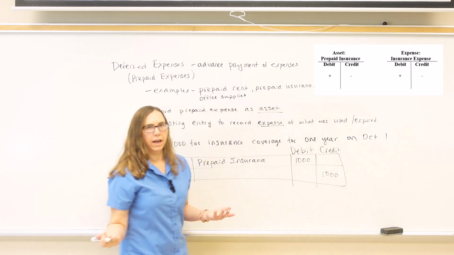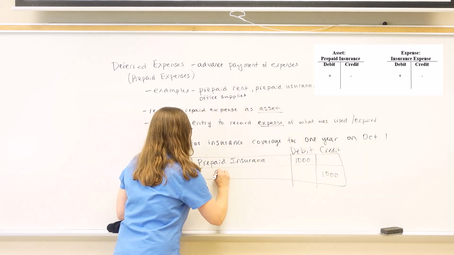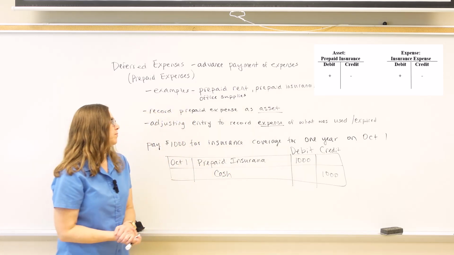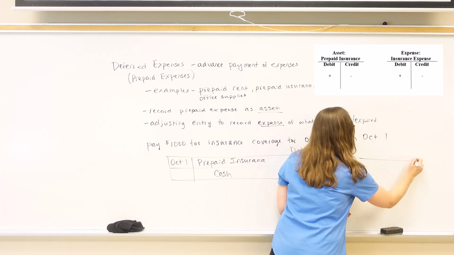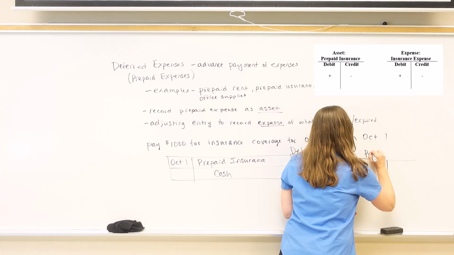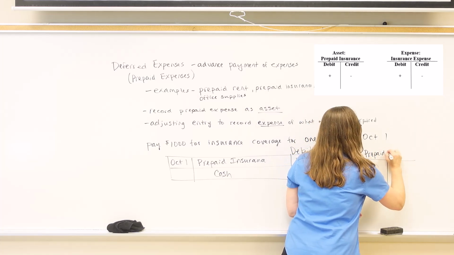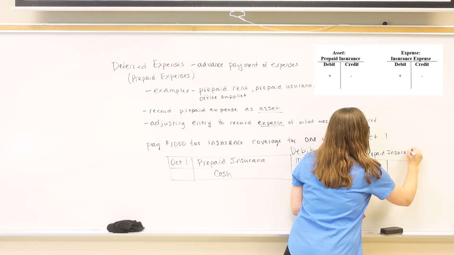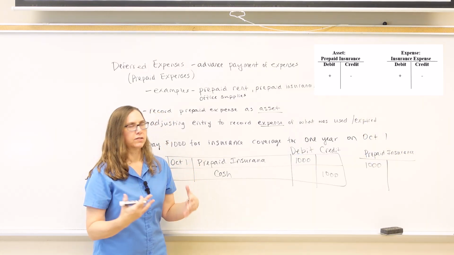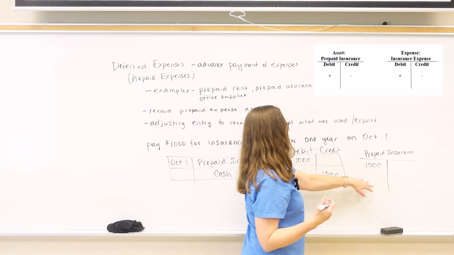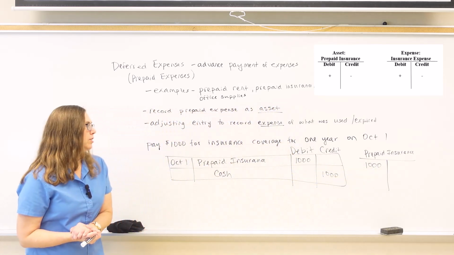And then they would credit cash for the cash that was paid out. So prepaid insurance is an asset account. I'm going to make a T account over here. I'm not going to make a T account for cash since that's not the focus of this. I just made a T account for prepaid insurance.